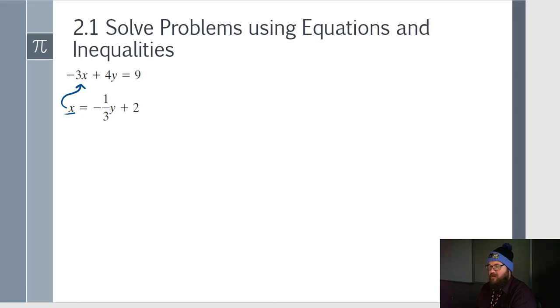So let's do that. I'm going to take negative 3, and then in parentheses, I'm going to put this expression. I'll do that in a different color so you know where I'm getting that from. So negative 1/3, negative 1/3. I don't like how I wrote that, let me fix that real quick.